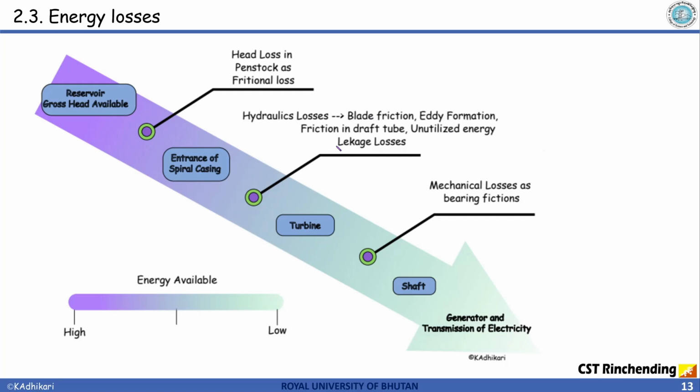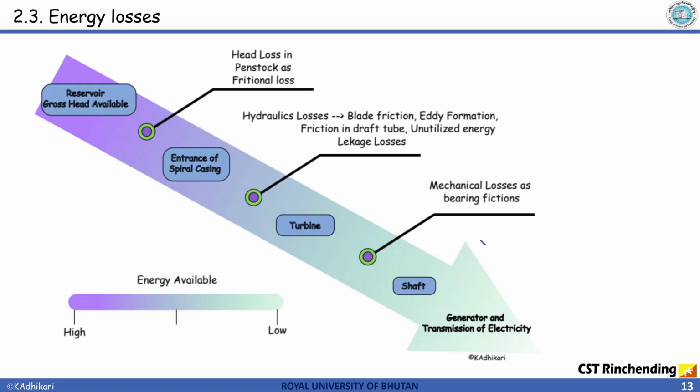And then finally, when the turbine rotates, the turbine and shaft are connected, and this shaft turns the generator, and there is always some mechanical losses between the bearings, because they are mechanical movable parts, and whenever movable parts move, they tend to get ground down, kind of a thing.